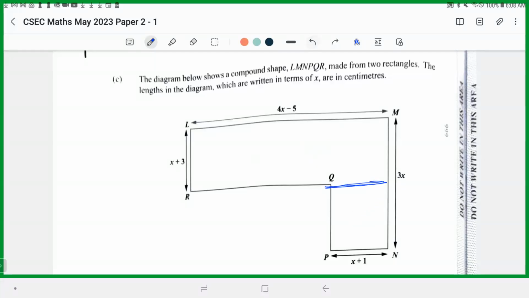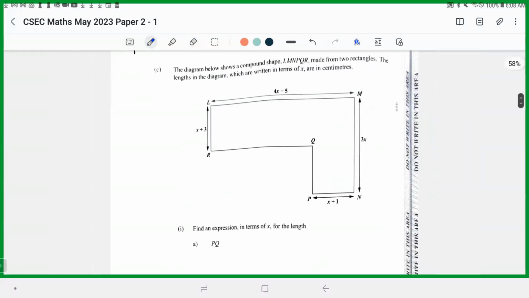It says the lengths in the diagram, which are written in terms of x, are in centimeters. You can notice that they did not give us any dimension for that piece or any dimension for that piece.